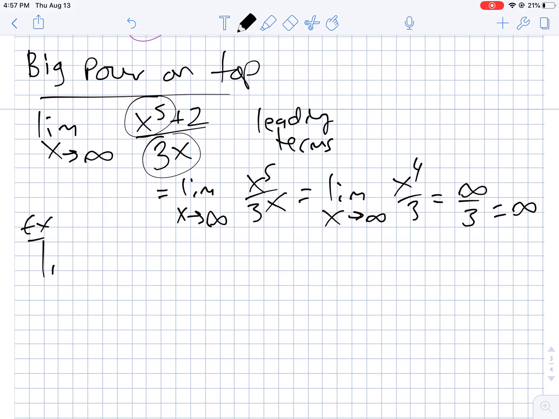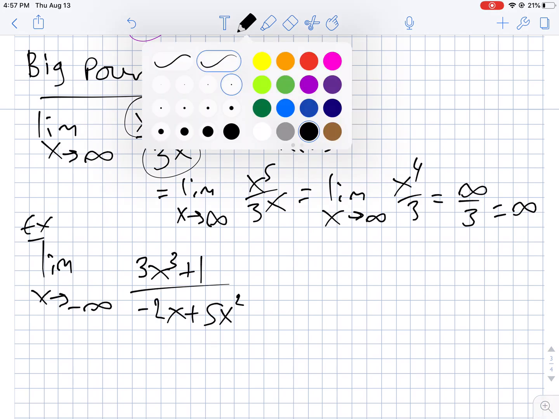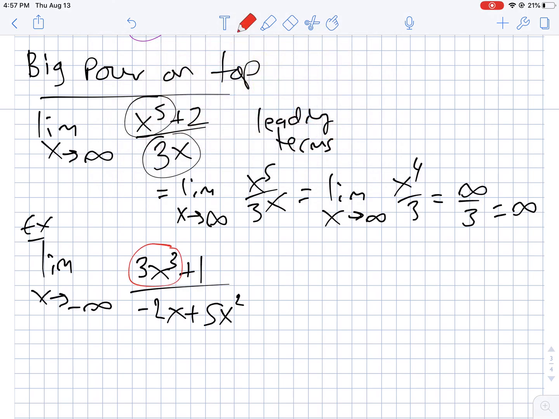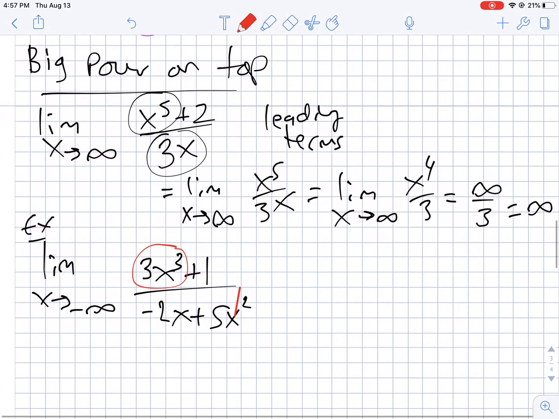So for example, if we take the limit here as x goes to negative infinity of 3x cubed plus 1 over negative 2x plus 5x squared. Again, I'm going to look at this and just take a look at my leading terms on the top and the bottom.